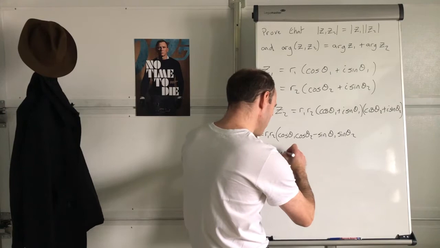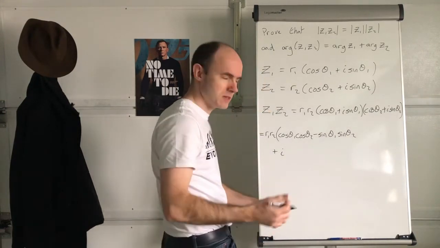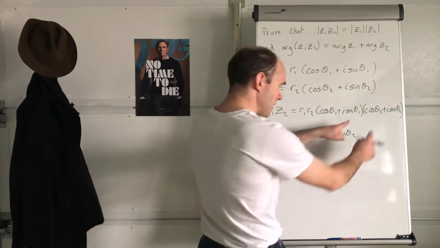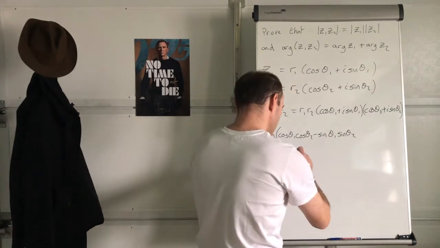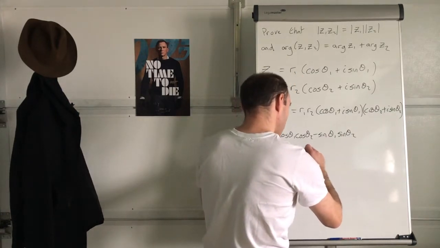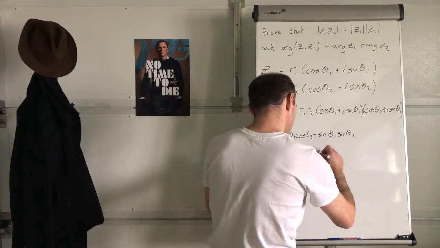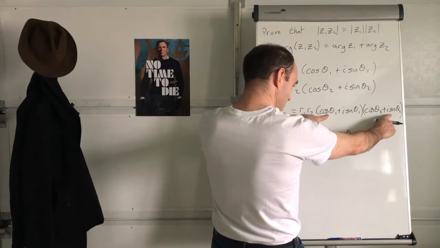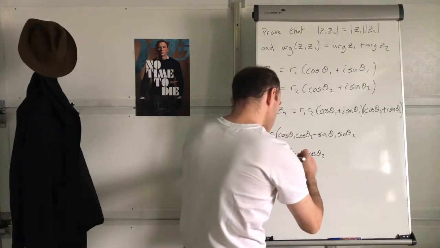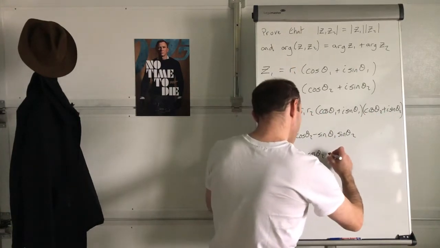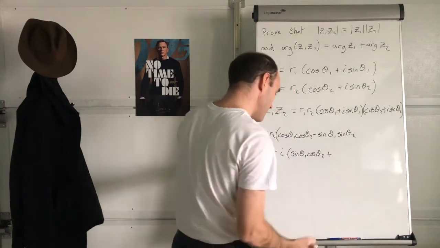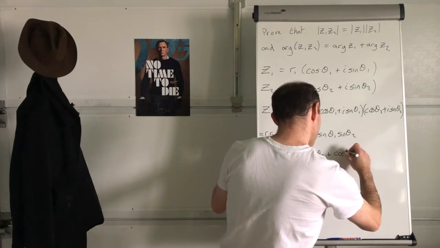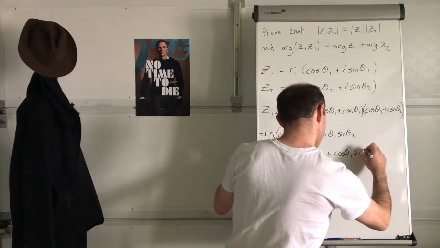The imaginary part is going to be that times that: sin theta 1 cos theta 2, and then that times that, so that's positive as well: cos theta 1 sin theta 2.